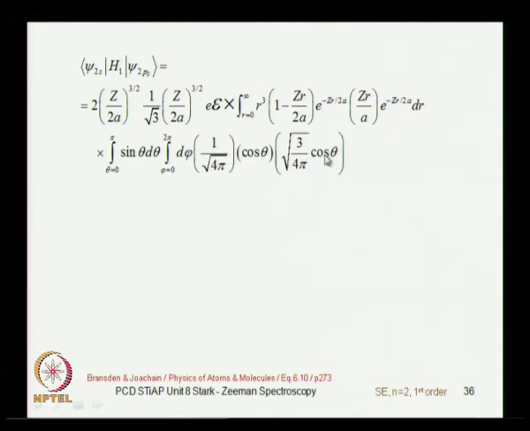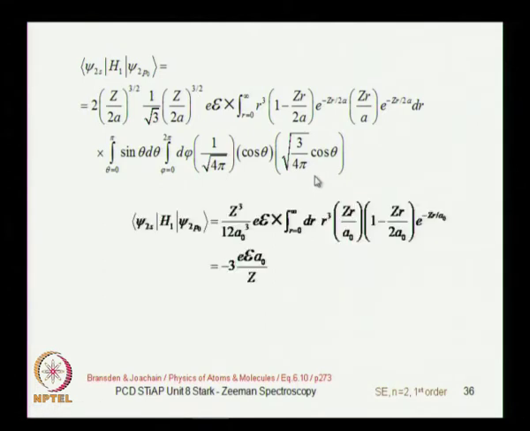This is the spherical harmonic corresponding to L equal to 1, that is the cosine theta term. So what do they give you? After you carry out the theta and the phi integration, this gives you a very simple result, which is minus 3 times the electron charge, the magnitude of the electric intensity, the Bohr radius, and then of course the Z.